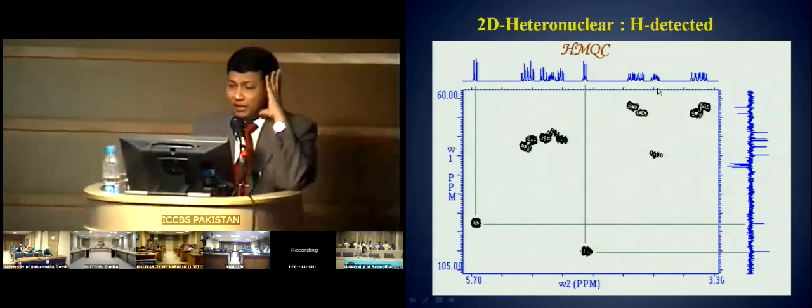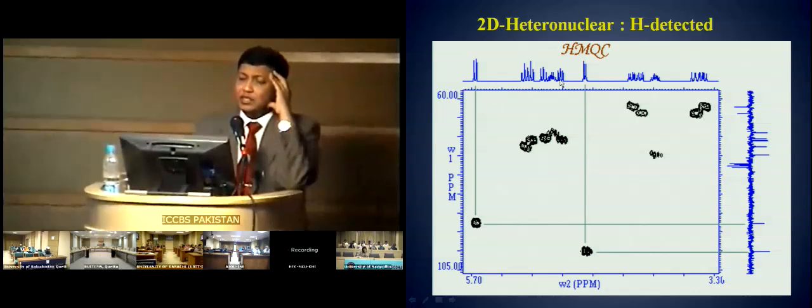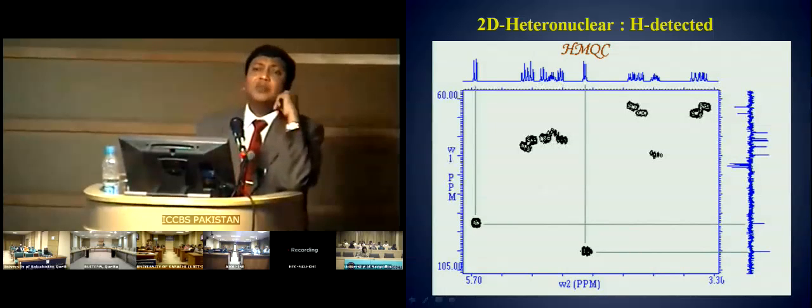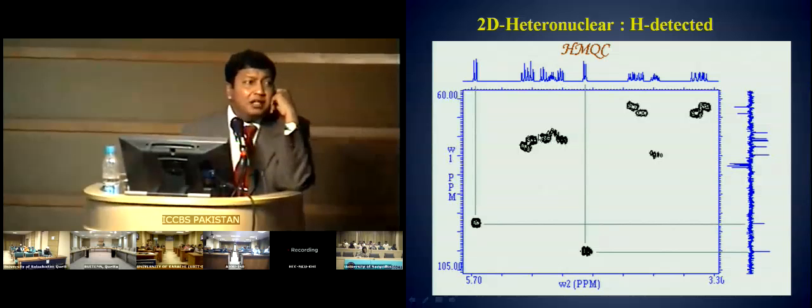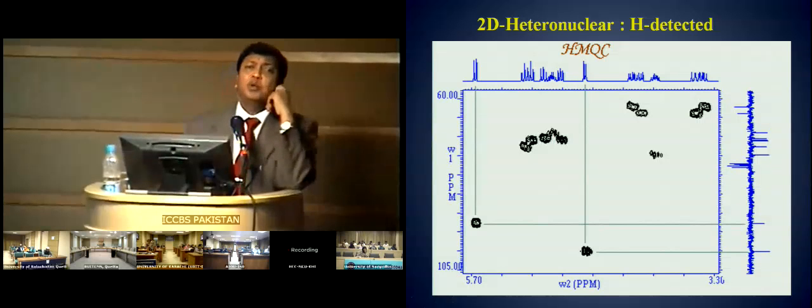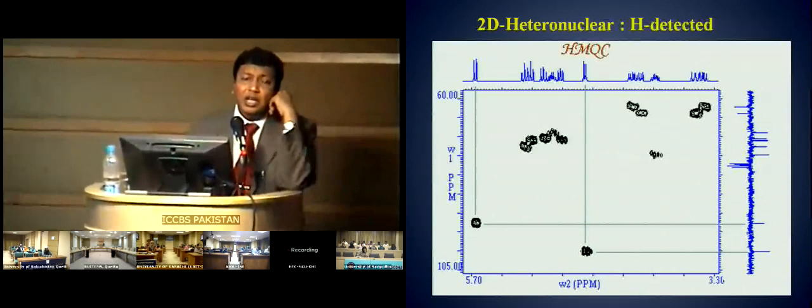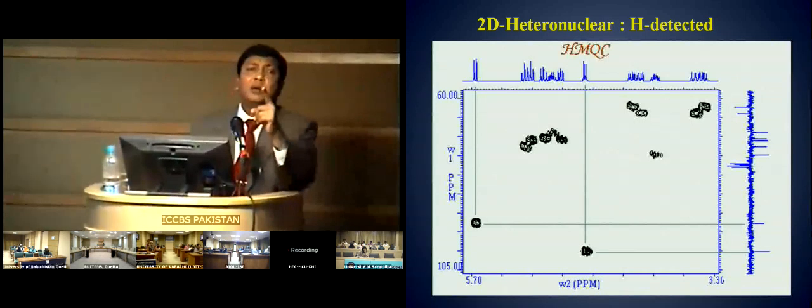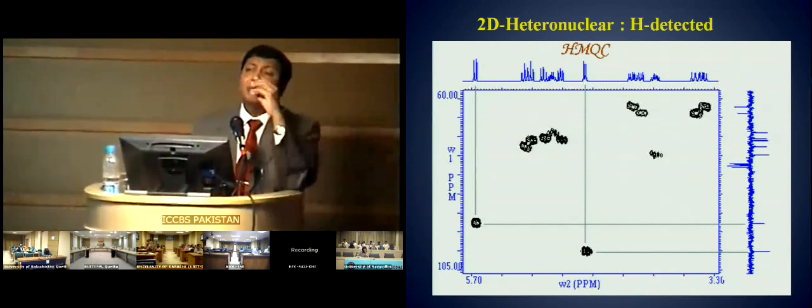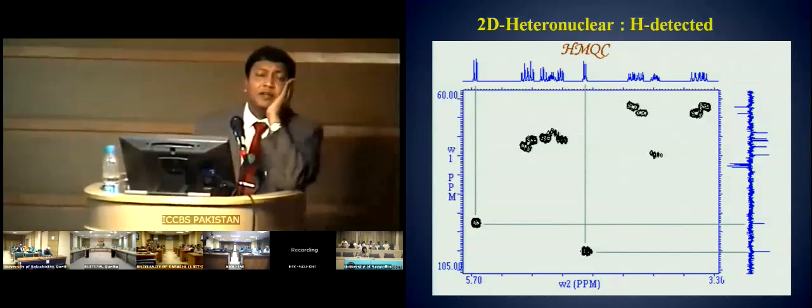Assume that you have this proton and this proton, both on the same carbon, and both of them on the same line of the carbon. So you would be able to distinguish between geminal partners, because two proton signals of a geminal pair would give the correlation with one carbon, a tremendous capacity of identifying.